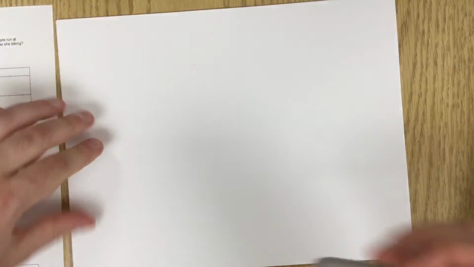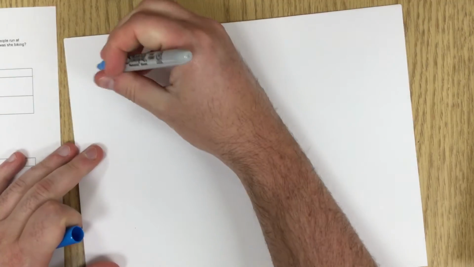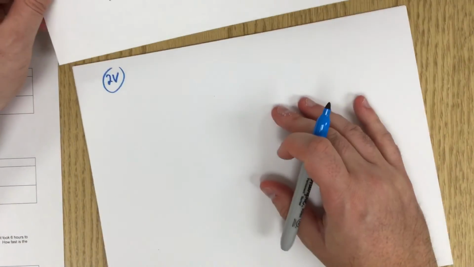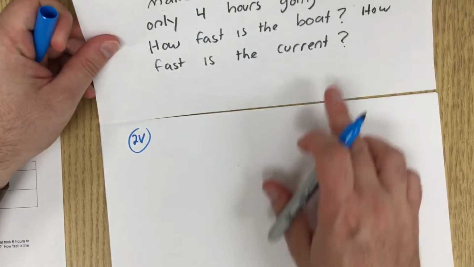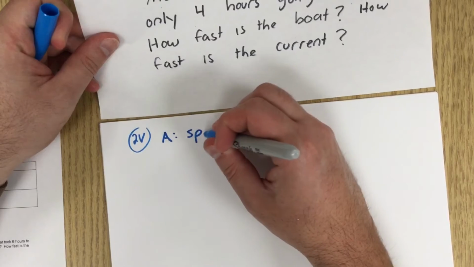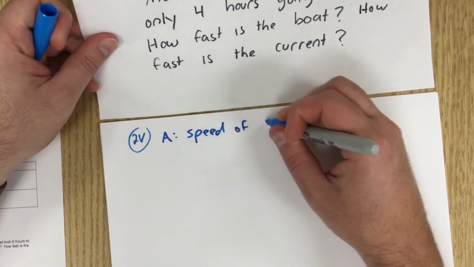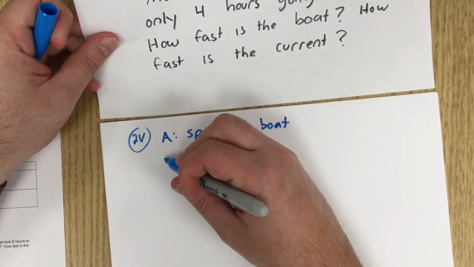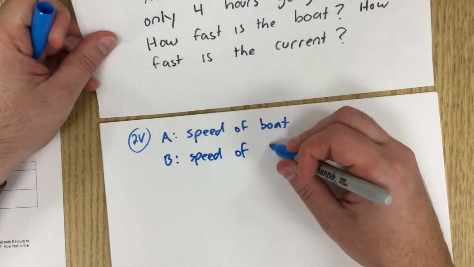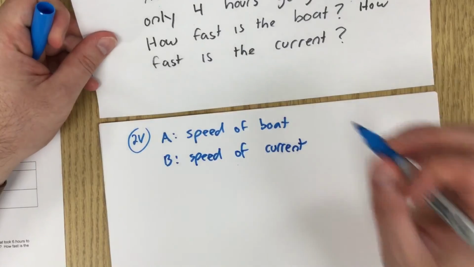So the variables, the question kind of gave them to us. How fast is the boat? So A is going to be the speed of the boat, and B is going to be the speed of the current.